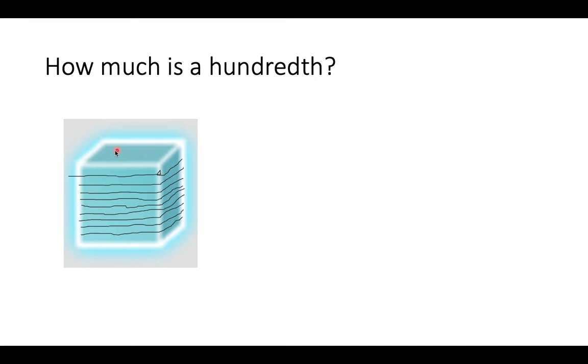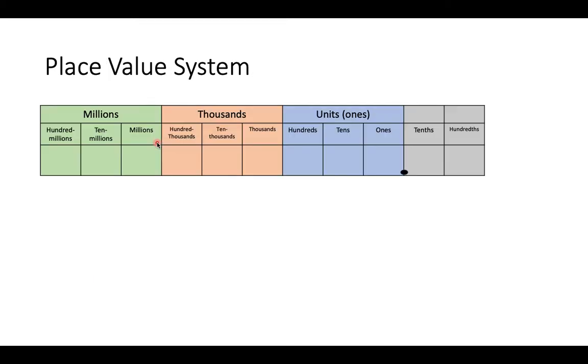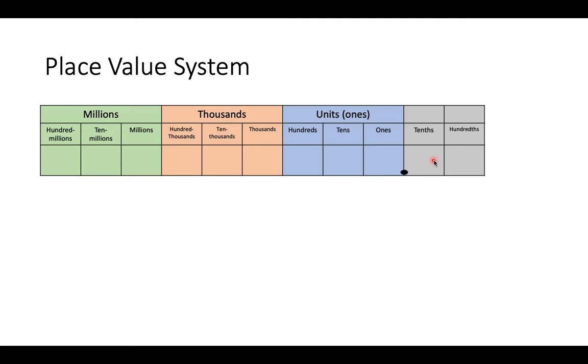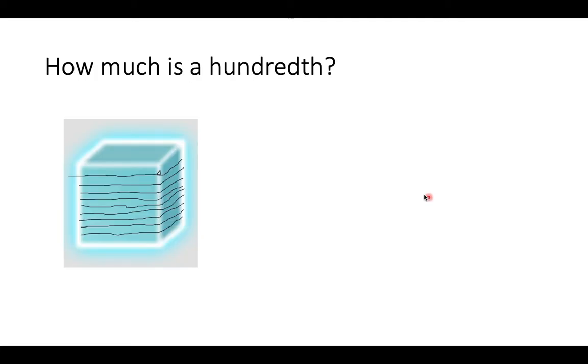So here we are with 1 cube, right? Let me go back. So this would be 1. That's what we're talking about here, 1 cube. But then if I cut it into 10 pieces like I did, and I drew little lines to kind of show you that it's cut up, then we're talking about tenths. Each one of those little pieces is a tenth. Now let's talk about hundredths. Look how small those are. If I cut them this way, each one of these little things is a hundredth.